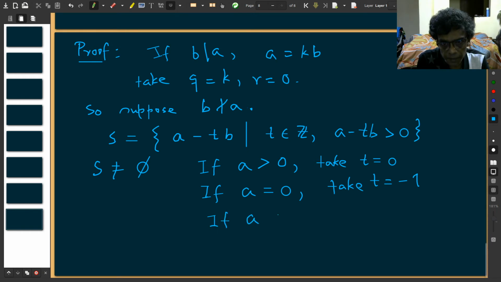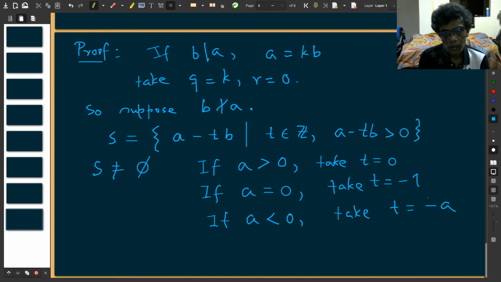On the other hand, if A is less than 0, take T sufficiently negative, something like maybe minus A. Why this works? So A minus A is A plus AB, A times B plus 1.